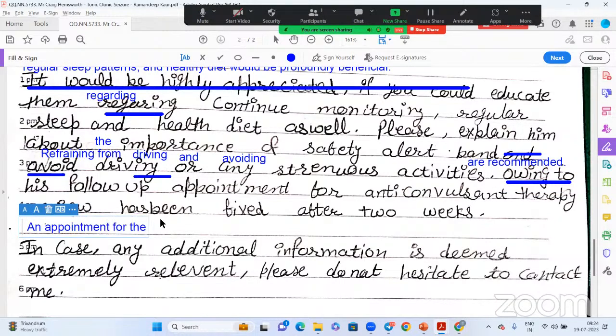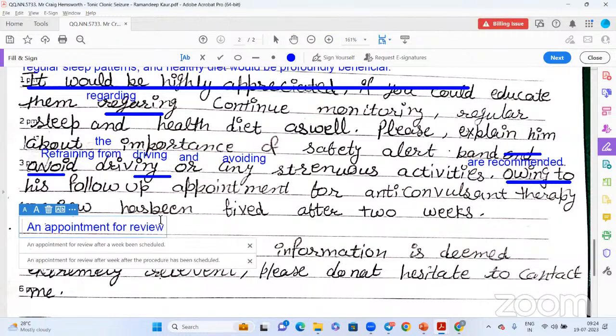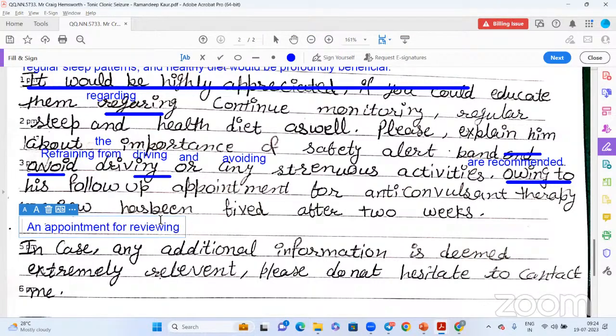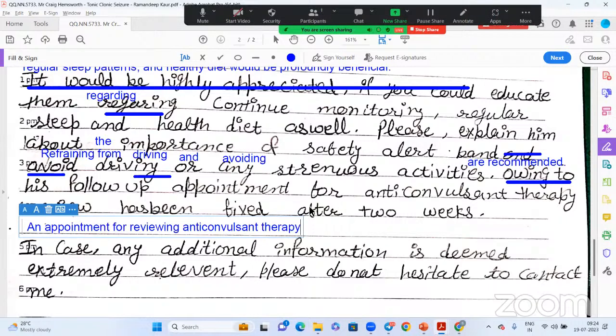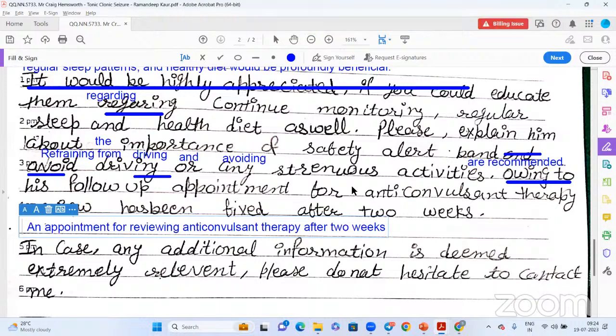An appointment for reviewing anticonvulsant therapy after 2 weeks has been scheduled.